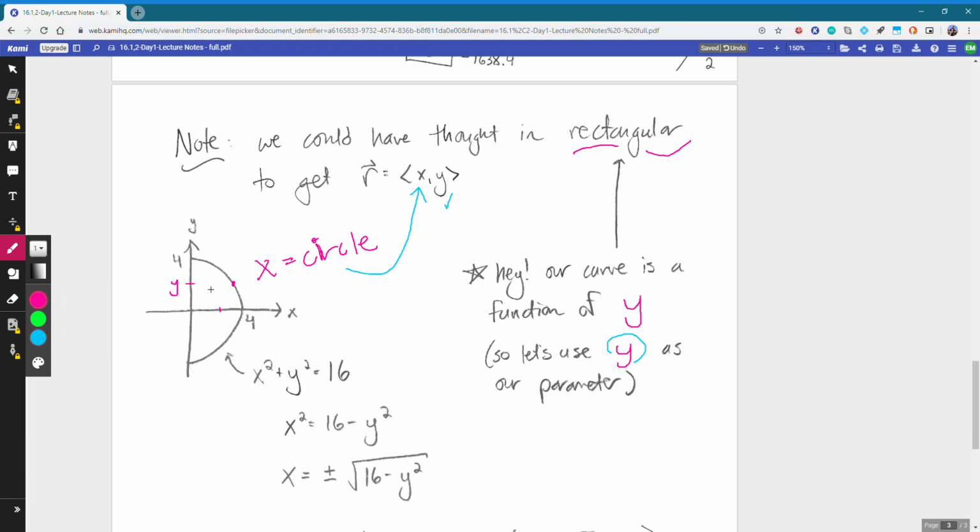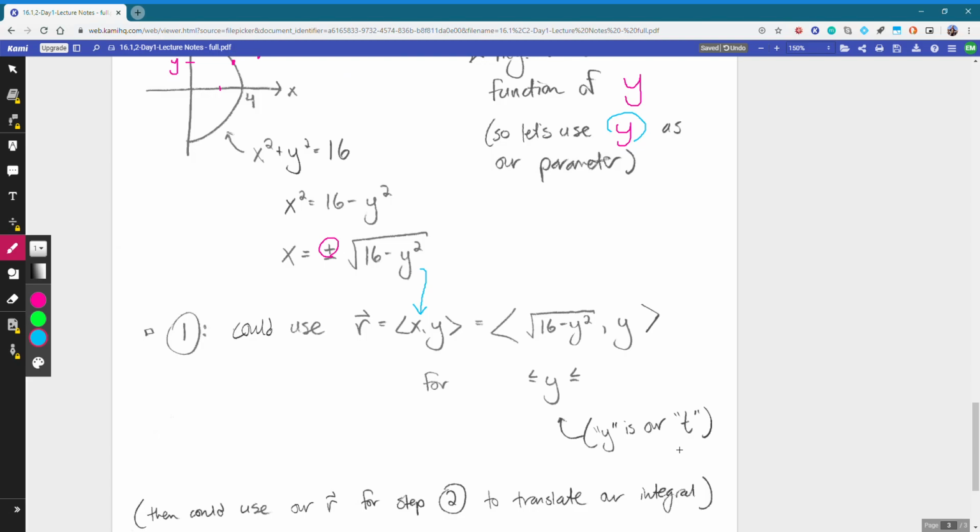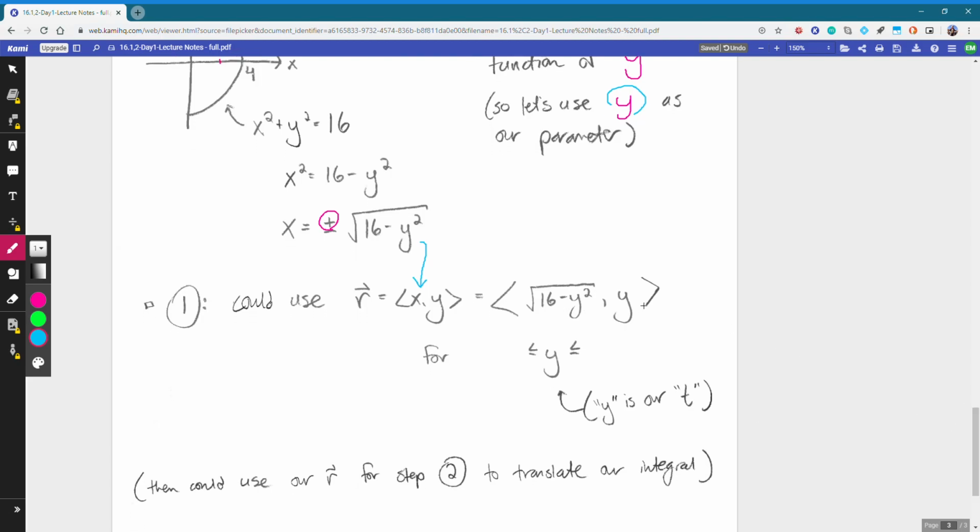That's just showing us that our full circle has a positive x side and a negative x side. Because of where our circle lives, we want the positive x side. And that's what we can now plop in for the x component in our parameterization. So right here is a nice parameterization of our circle in terms of our parameter y.